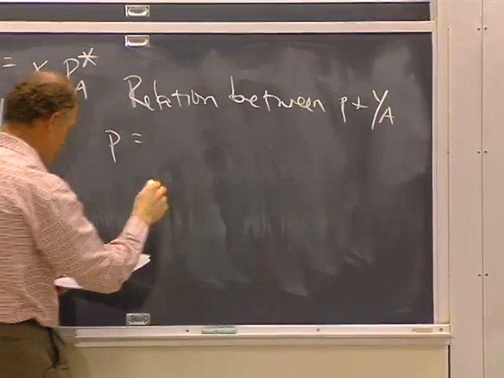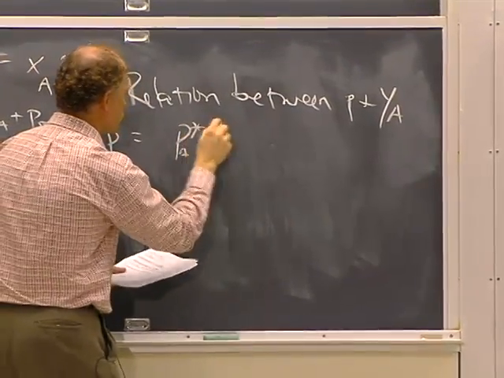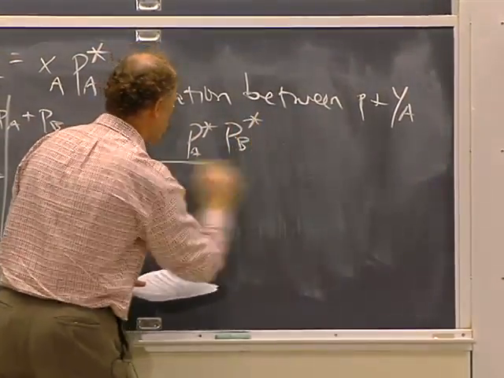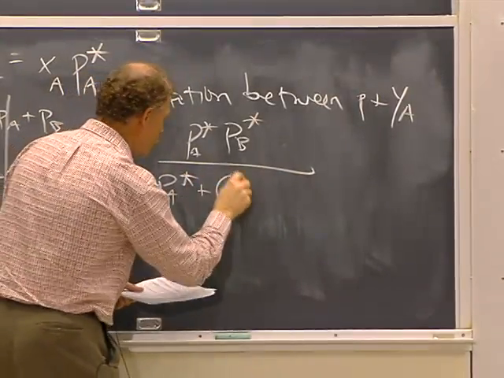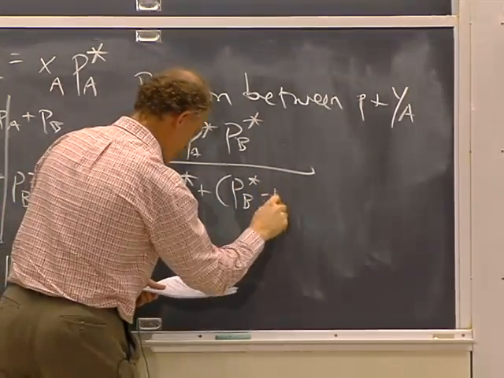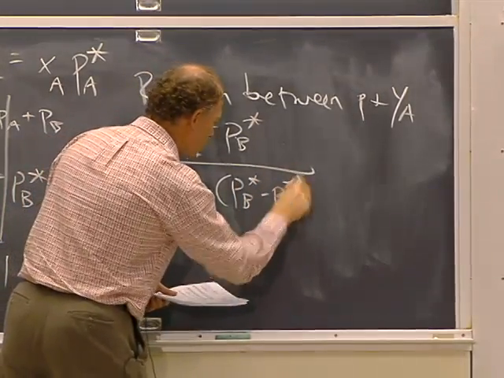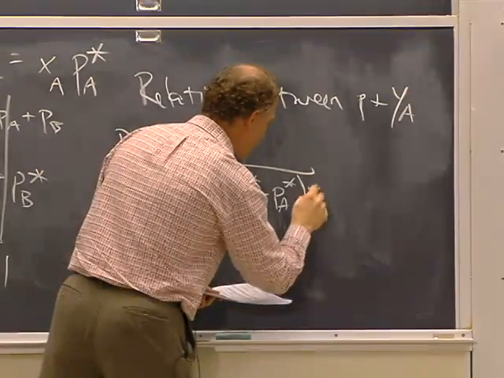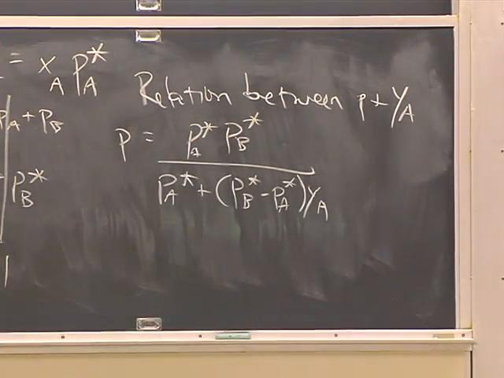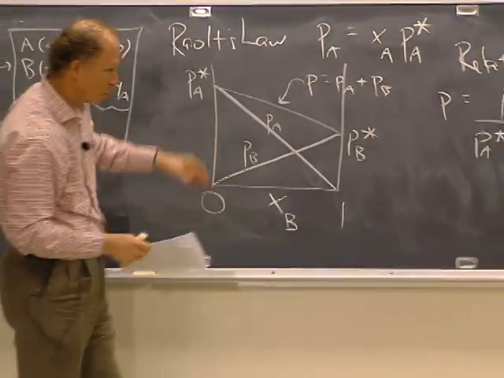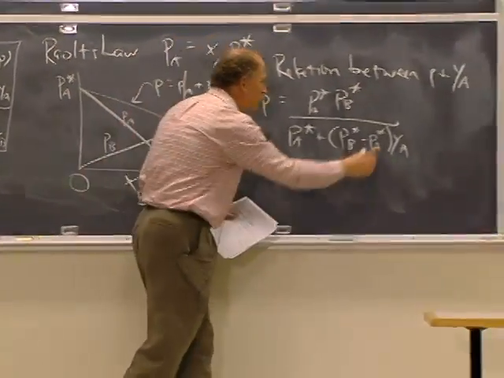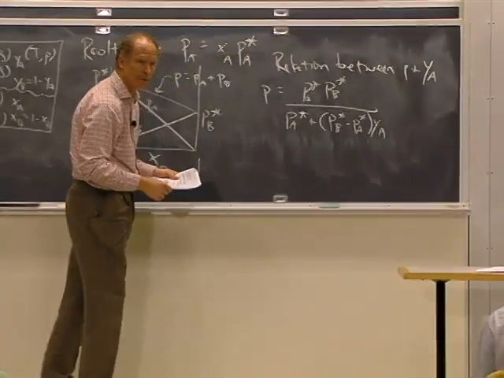The result was P is PA star times PB star over PA star plus PB star minus PA star times YA. And the point here is that unlike this case where you have a linear relationship, the relationship between the pressure and the liquid mole fraction isn't linear.